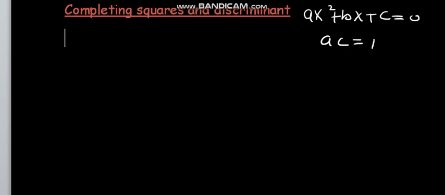For example, if we have x squared plus bx plus c is equal to 0, and we realize that our a times c, or the product, has no distinctive factors, for example 5, therefore we are going to adopt the method of completing squares.